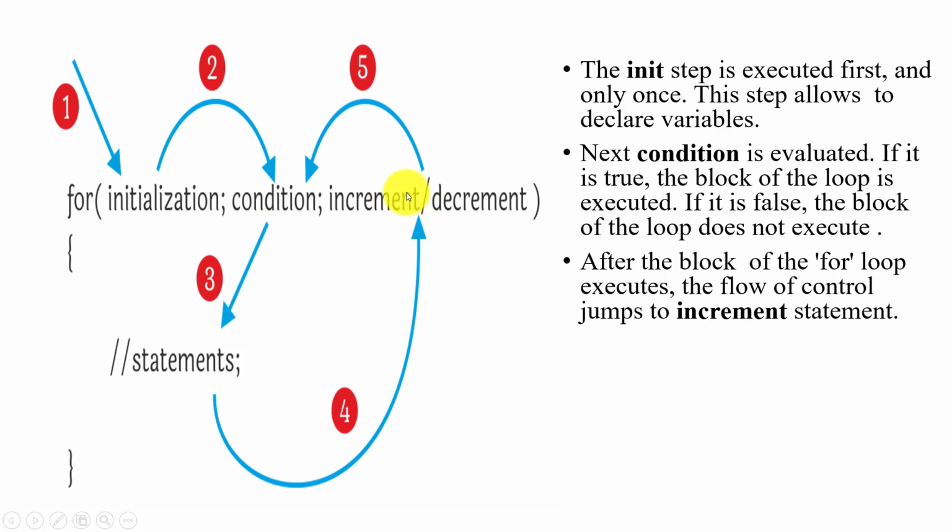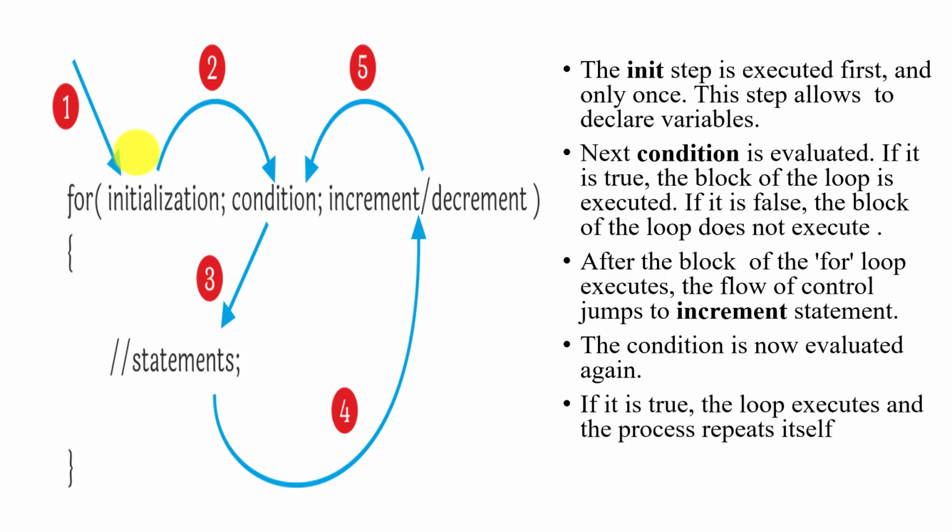And after the increment, again it is going to check the condition. So after the update, that is the increment, the condition is again evaluated, and if this condition is true, then again the control enters into the block of statements, and the statements are going to execute.